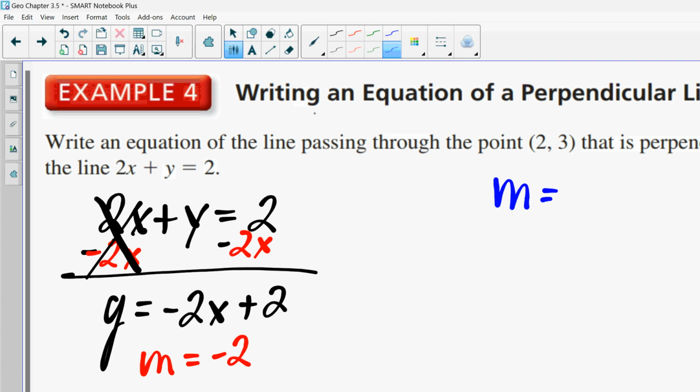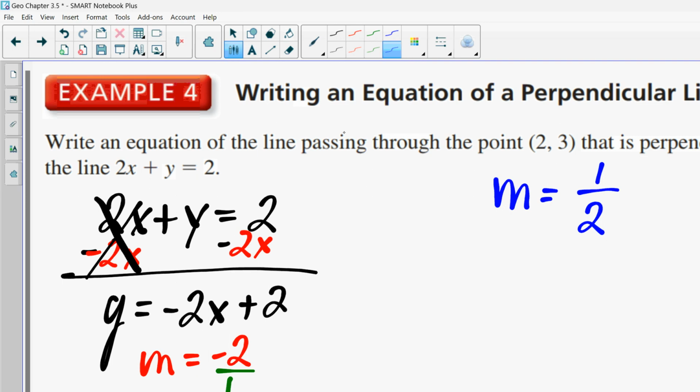So if our starting slope was -2, our new slope is going to be positive, because we change the sign and flip it. Now what's the denominator for 2? 1. It's understood to be 1. We don't ever write it. We just know that's what it is. So if I flip 2 over 1, I get 1 over 2.